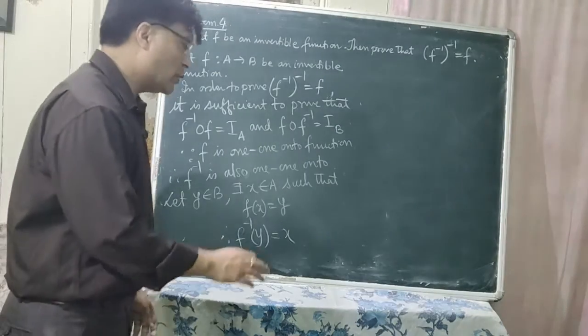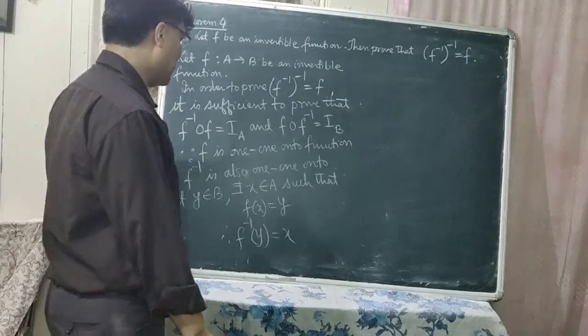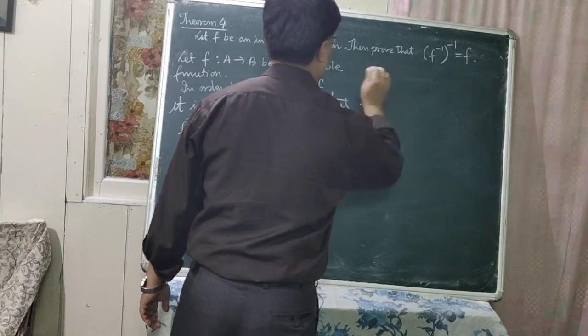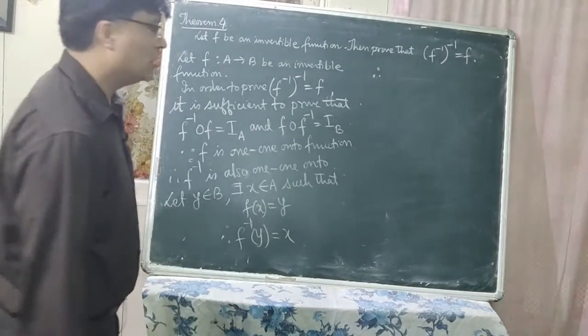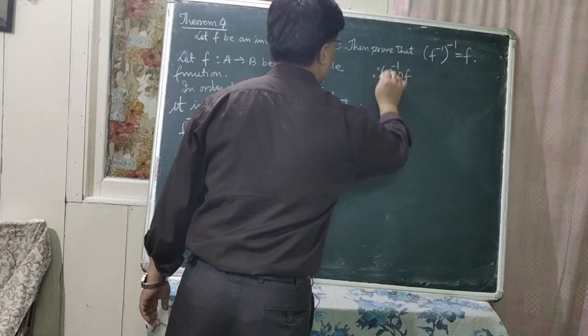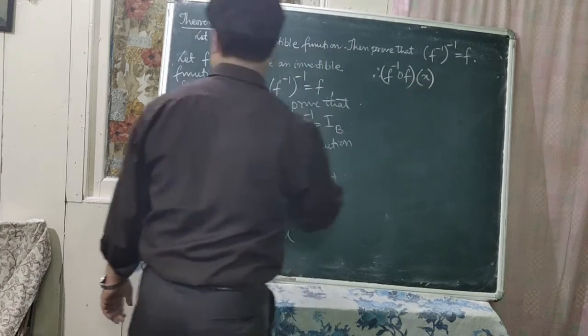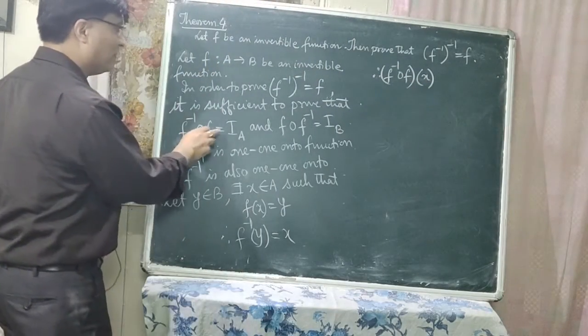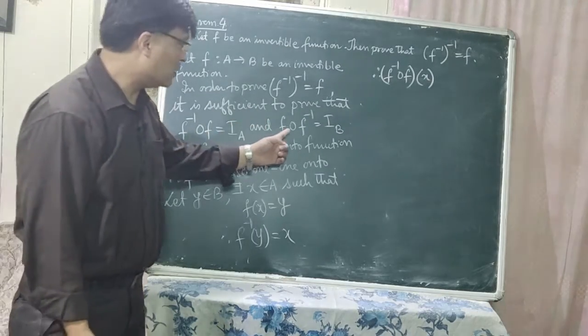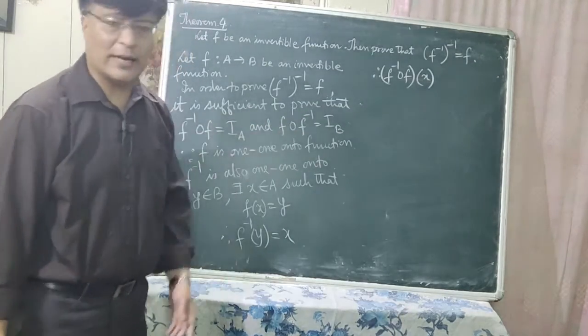Okay. So next you will prove that f inverse of f of x, let us get its value. Let us prove f inverse of f is equal to IA, and f of f inverse is equal to IB.